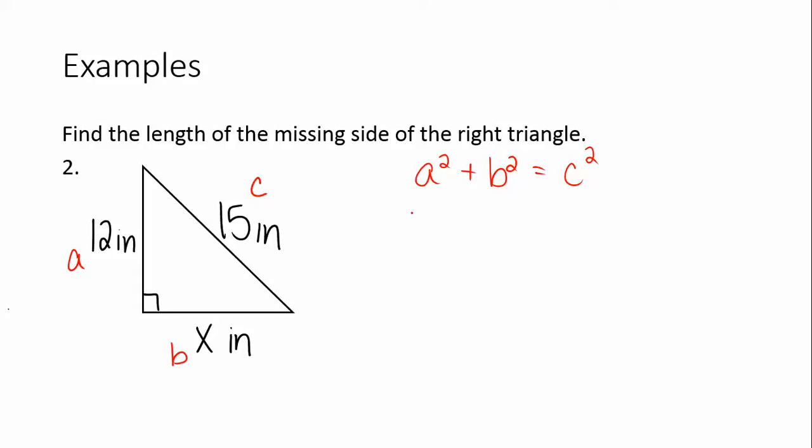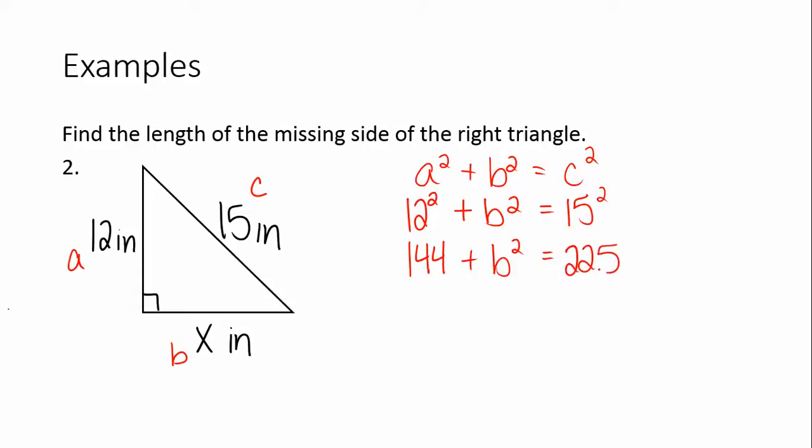So now when we substitute in, we have 12 squared plus x squared, and actually I'll just put b squared, equals 15 squared. So 144 plus b squared equals 225. 15 times 15 is 225. And now instead of adding like we were in the previous lesson, we're going to subtract 144 from the other side, because you have to get the b squared alone before you can square root.